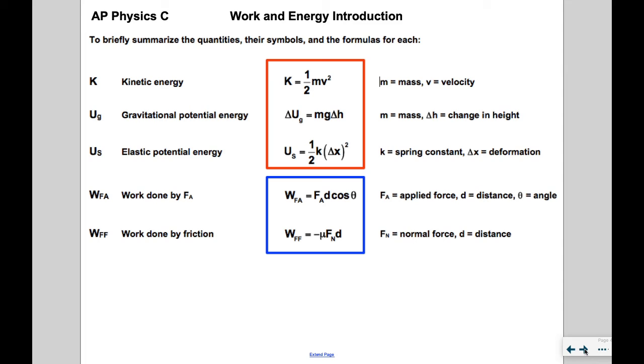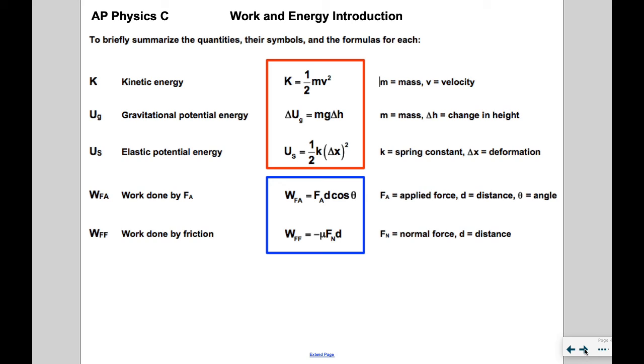When we look at the two work done formulas, we had a formula for the work done by an applied force, F_A d cosine theta, where F_A is the applied force, d was the distance over which it acted, and theta was the angle between the force and the distance, or the displacement, I should say.